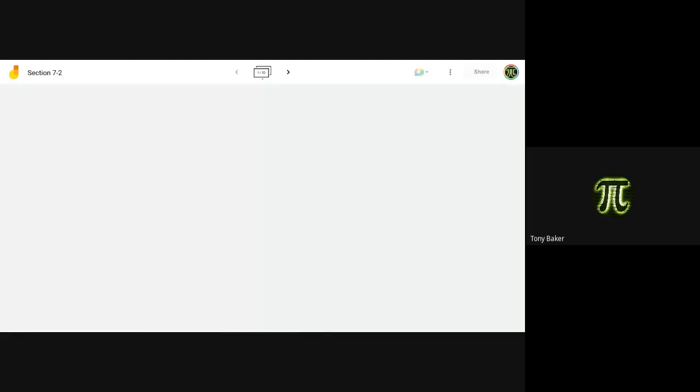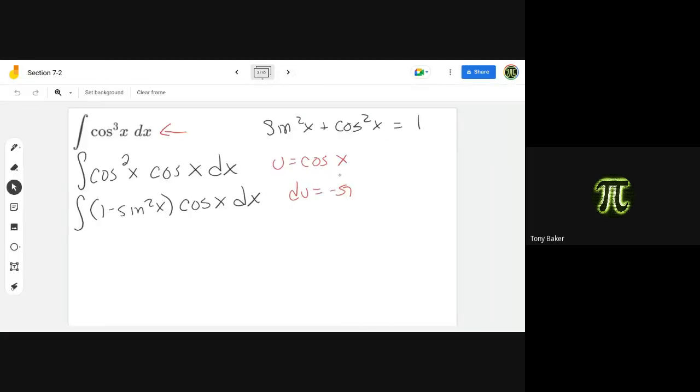I have negative sine x dx. Okay, so I got that. The problem is I don't have a sine in the problem, right? So that doesn't really help me.